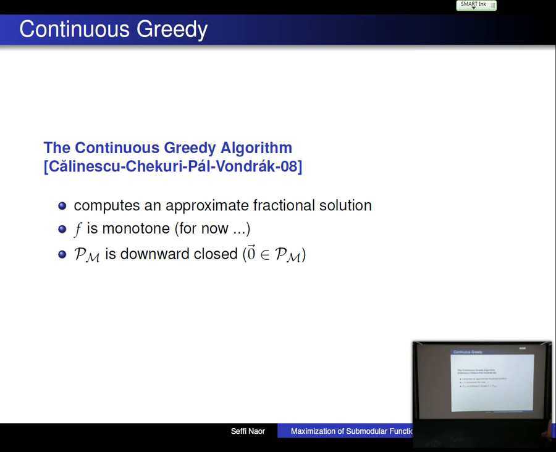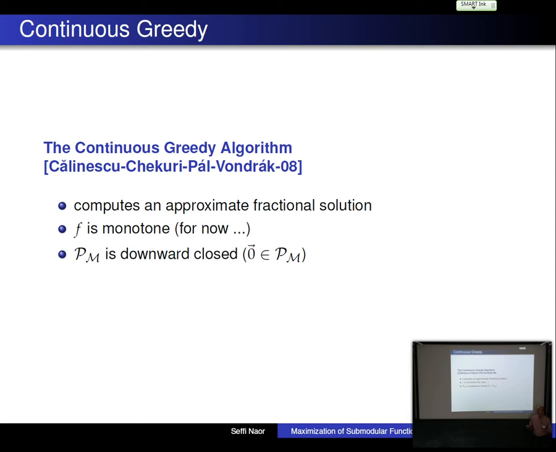So now let's see an algorithm called continuous greedy, which was originally developed by Calinescu, Chekuri, Pal, and Vondrak in '08. This algorithm yields an approximate fractional solution for a monotone function.